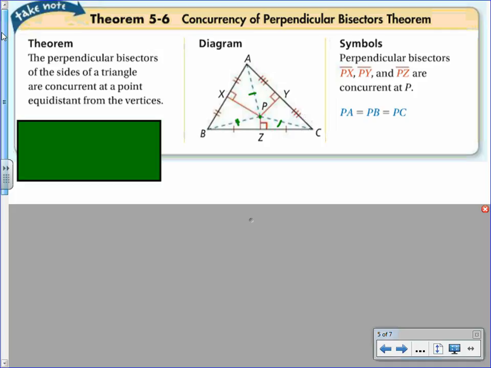Another part of triangles being the strongest shape, their perpendicular bisectors intersect at the same point, being the same distance from the vertices. So if you're looking over here in the symbols, it says perpendicular bisectors PX, PY, and PZ are concurrent at point P, and PA is congruent to PC, which is congruent to PB.